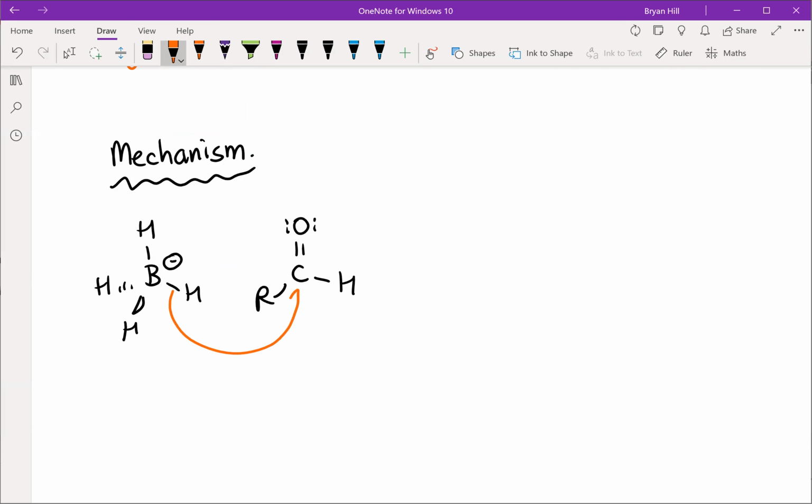These electrons attack here, and then we form a bond between carbon and hydrogen.